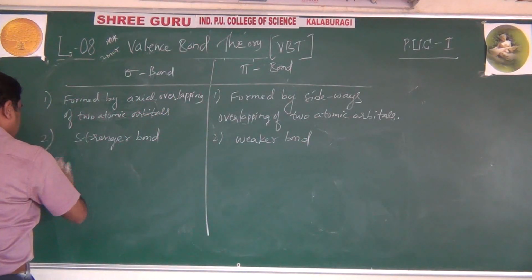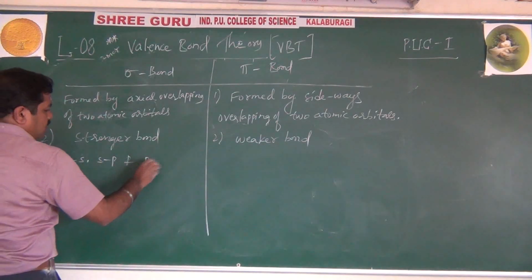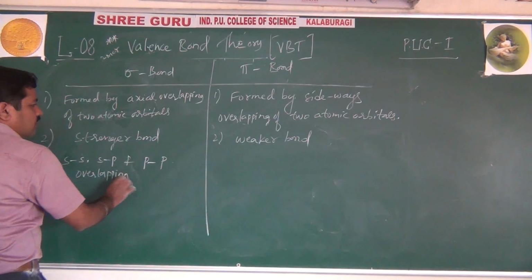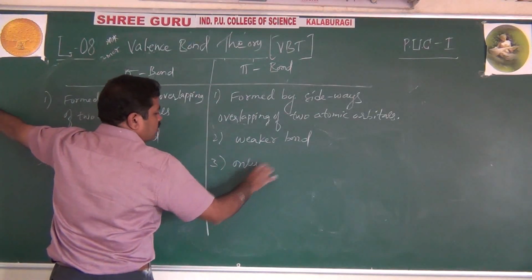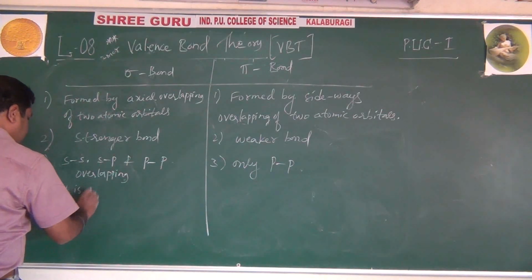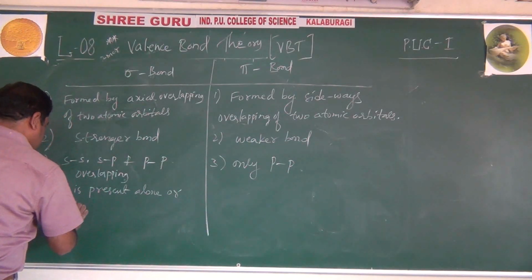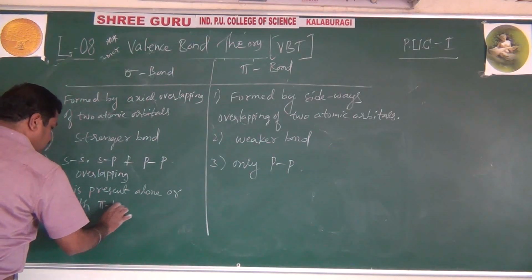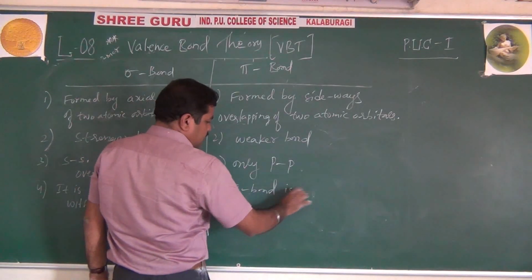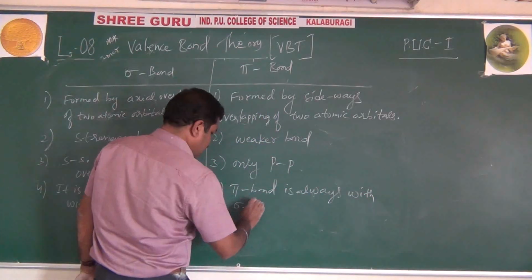Third, there are SS, SP, and P-P overlapping, but here only P and P overlapping. Sigma bond is present alone or with pi bond, but pi bond is always present with sigma bond.